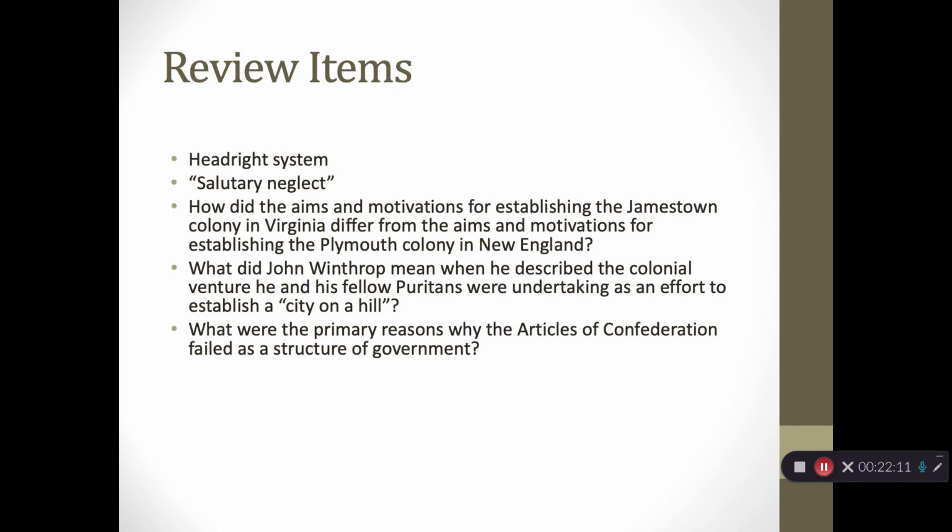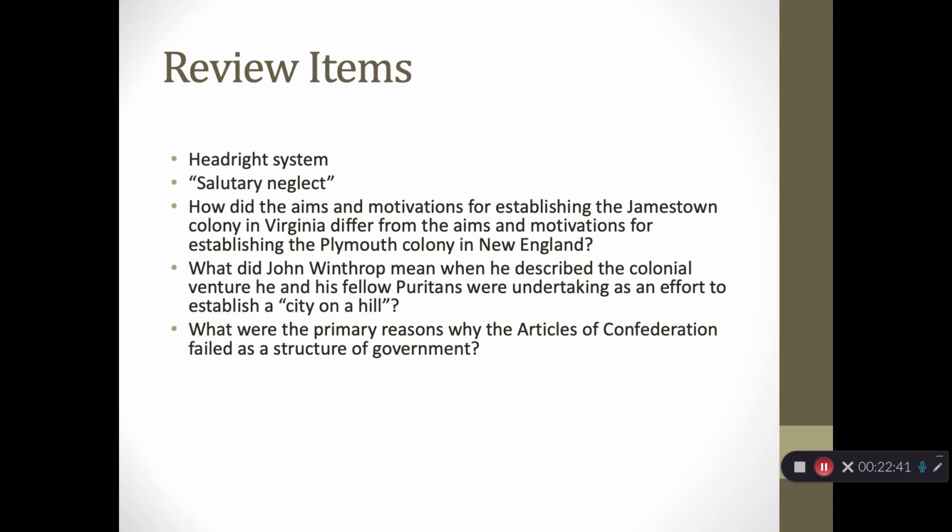They didn't necessarily have a cohesive identity, and you can really see that with the way the Articles of Confederation worked. So the Articles of Confederation provided for a very, very weak central government. Most of the power, the overwhelming majority of the power that existed politically in the years of the Articles of Confederation, it was in the hands of the states.